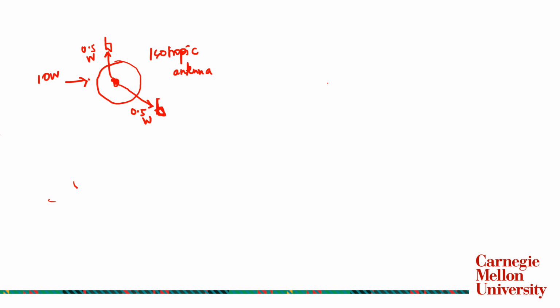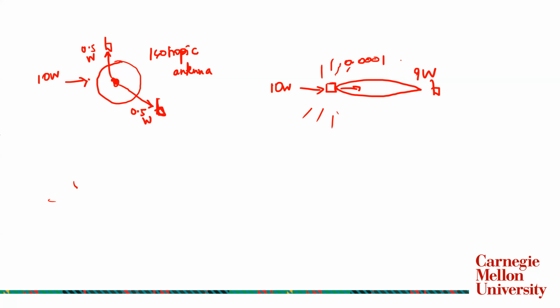Now compare that with another antenna like this one, where you give it 10 watts, and instead of spreading it in all directions, it spreads it in a direction like that one. Meaning that all the power that was going to go in these directions, and think of 3D, more of a sphere, is actually focused on this direction. This means that a person standing in this direction will see about 9 watts of power, and a person standing in this direction may see 0.0001 watt.